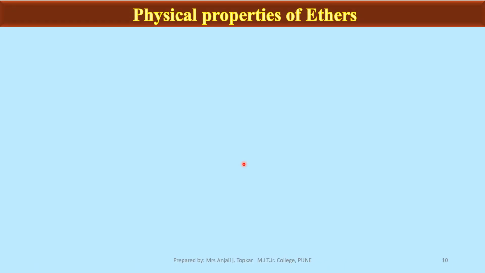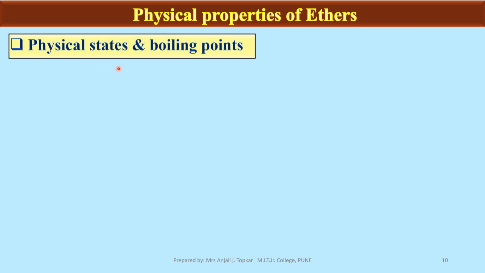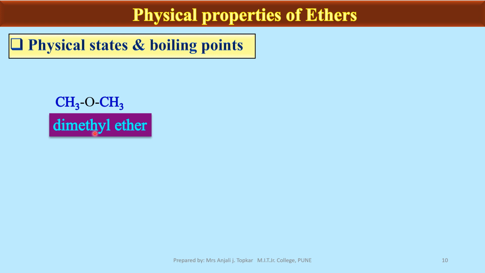Physical properties of ethers. Physical states and boiling point. Here we see this is dimethyl ether. And here this is ethyl methyl ether.